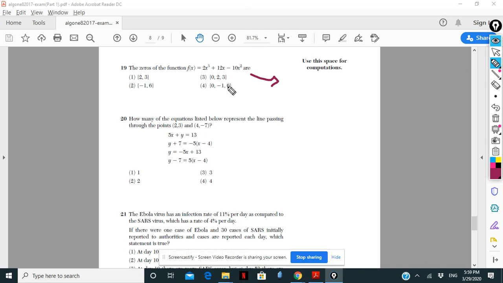I have 2x as a common factor, so I'm going to get x squared minus 5x plus 6. Now, what are the factors of 6 that, when I add them, give me 5? So it's 3 and 2, and both are going to be negative.